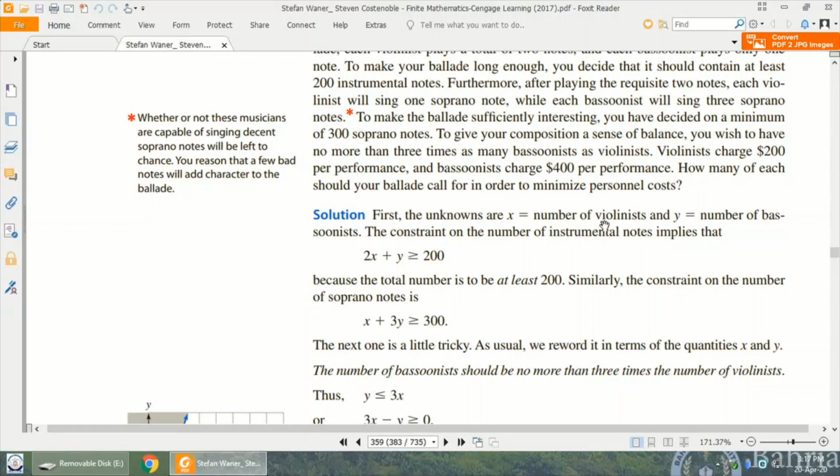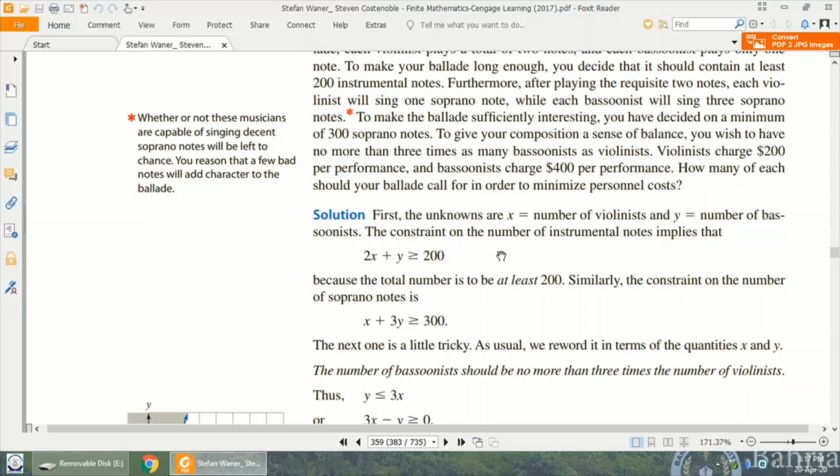Since they have taken the number of violinists as x, we can have 3x, because y should not be more than 3 times the number of violinists. It could be rephrased that way. Again, I'll read it: no more than 3 times as many bassoonists as violinists. So the bassoonists cannot be more than that.